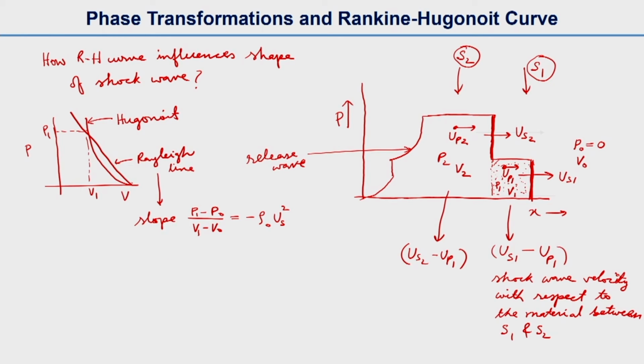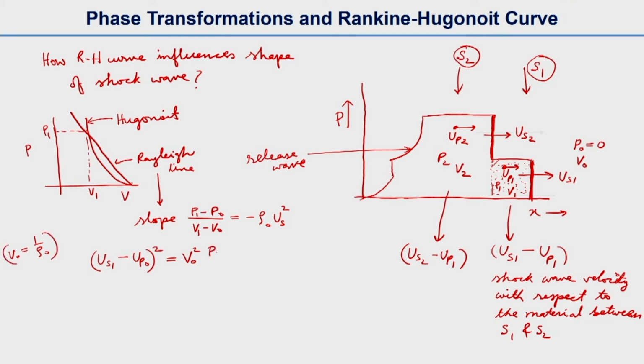And from this slope, we can say that US1 minus UP naught squared, where UP naught is the particle velocity ahead of the shock wave, and V naught squared is nothing but the volume and density relation, V naught is 1 by rho naught.